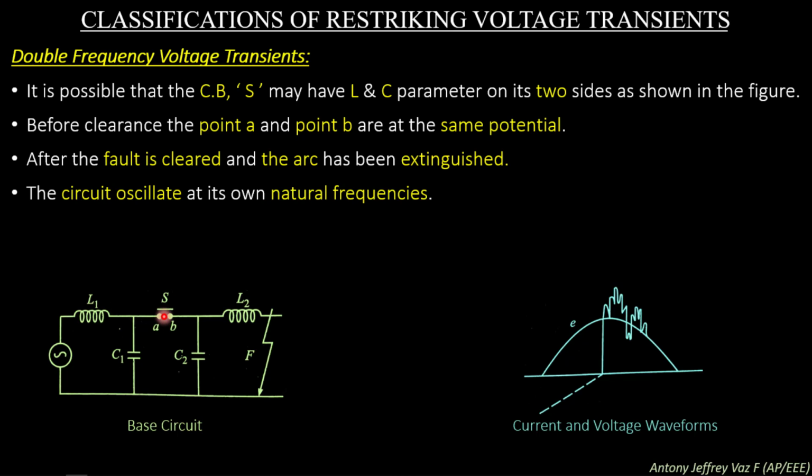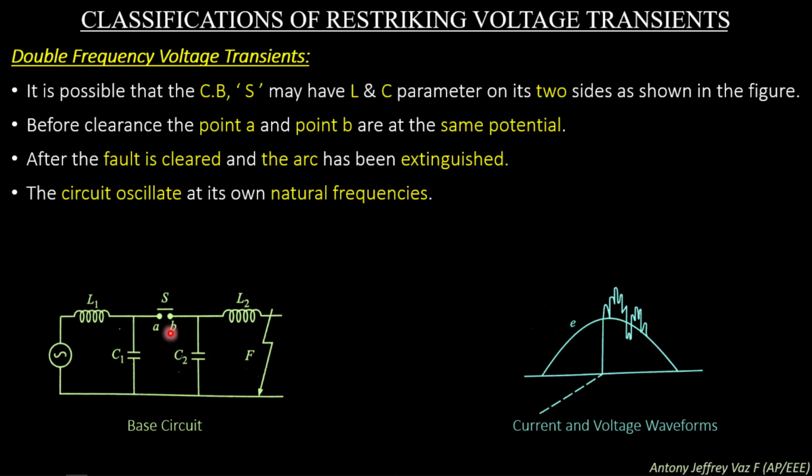Since the fault is being extinguished at current zero position, the two circuits, one due to L1 C1 and the other circuit due to C2 and L2, oscillate on their own natural frequencies.